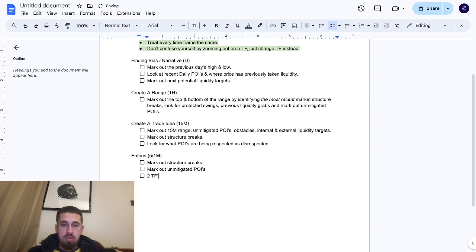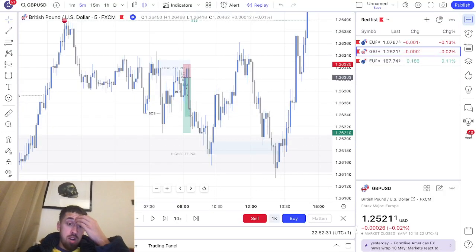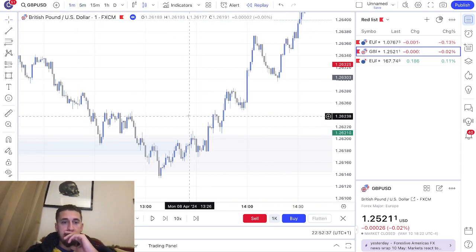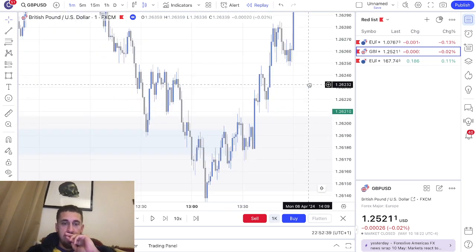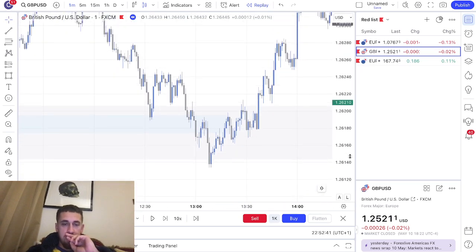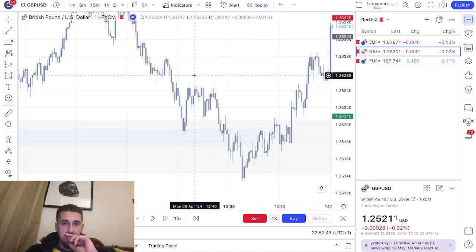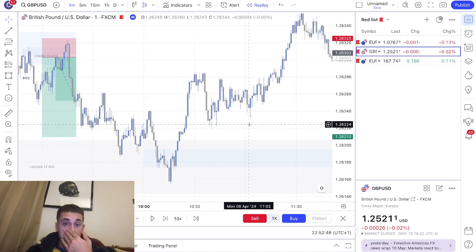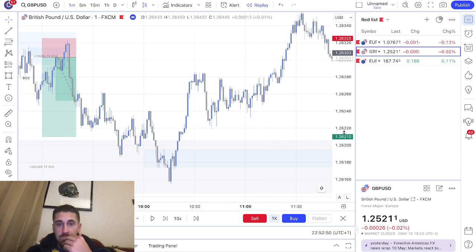Two time frames must align. Is it that though? Or are we just looking for breaks of structure from anywhere?